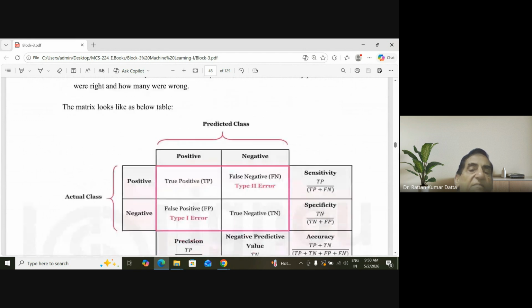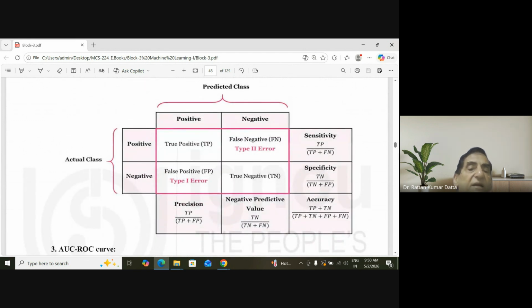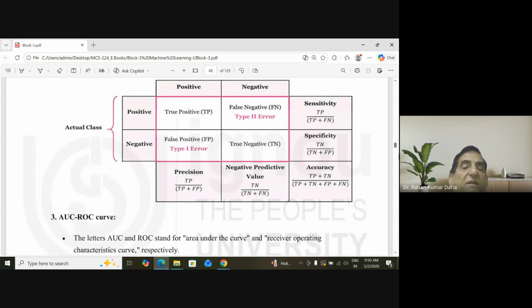Confusion matrix. These are the predicted class, positive, negative, positive, negative. You can see all these things. False negative, true positive, false positive, true negative, precision, and all that.